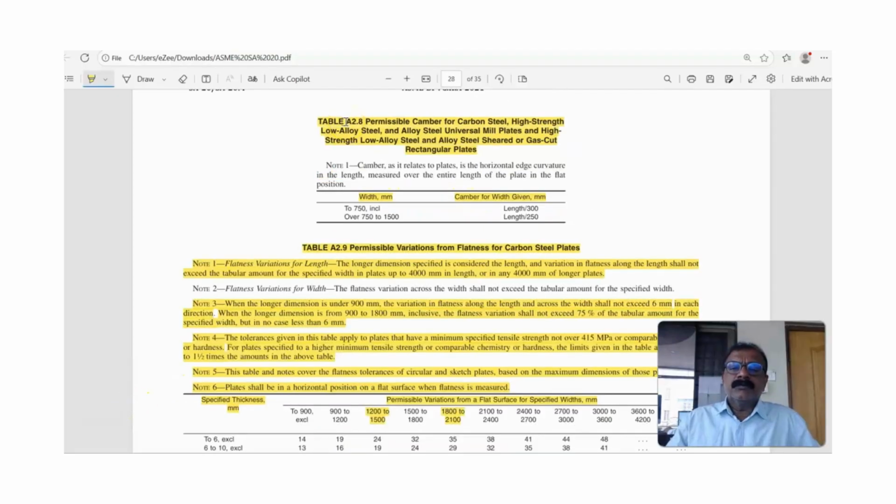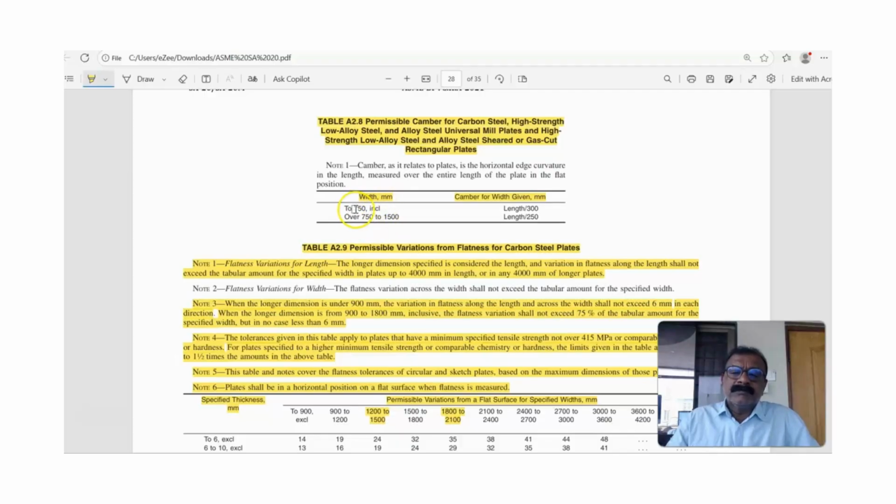Now this is also a camber tolerance. A2.8 permissible camber for carbon steel, high strength low alloy steel and alloy steel, universal mill plates and high strength low alloy steel and alloy steel sheared or gas cut rectangular plate. So this is as per the width.